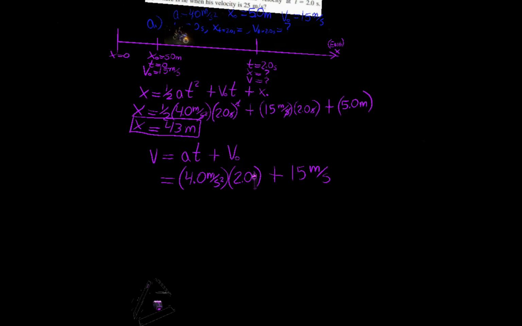All right, so here we have seconds canceling with one of the seconds in the denominator, and this is left in meters per second, and this one's already meters per second, and so our units should work out. And what we would get if we calculated that is 23 meters per second for v.